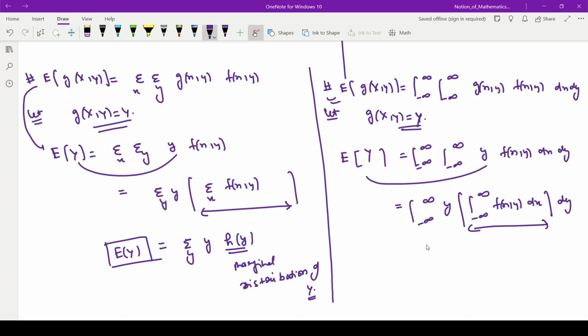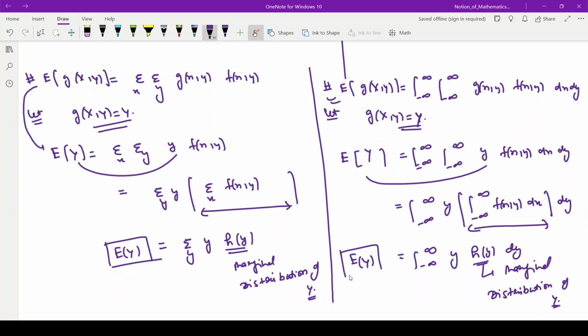This is again the marginal distribution for Y. So minus infinity to infinity y h(y) dy, where this h(y) is again the marginal distribution of Y. So this is the expectation of Y here.